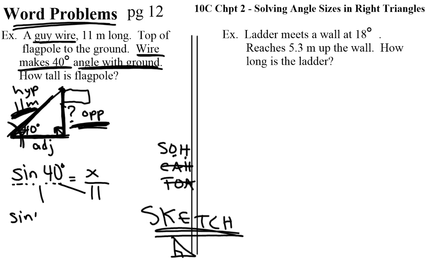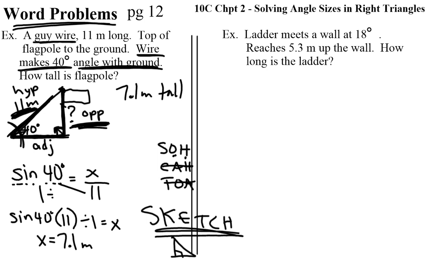Sine 40 times 11 divided by that extra piece will equal our x. Sine 40 times 11 divided by 1, x works out to be 7.1 meters. So it's a 7.1 meter tall flagpole because that's what we were finding. There you go.